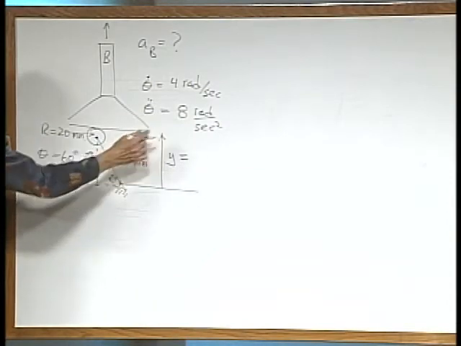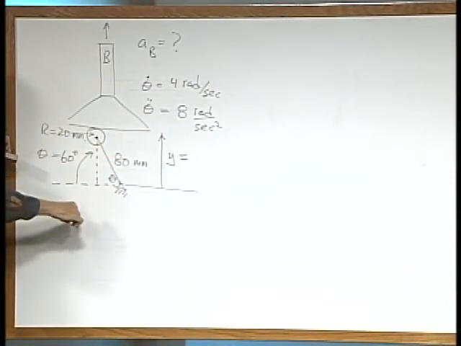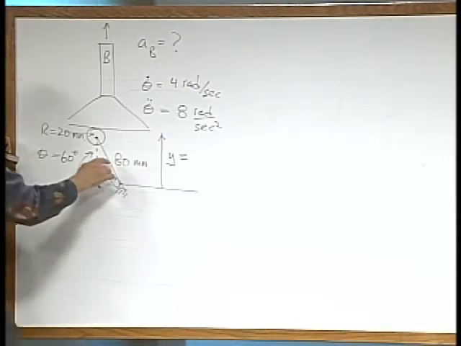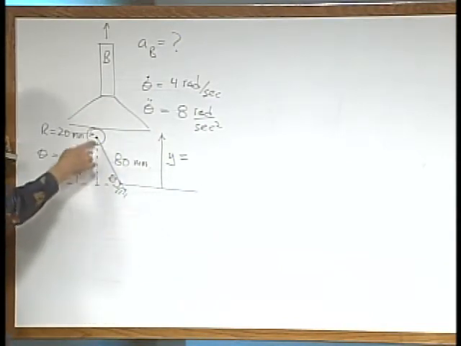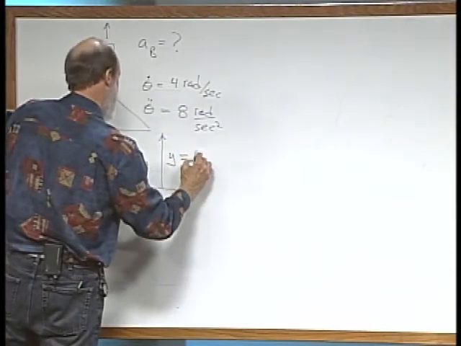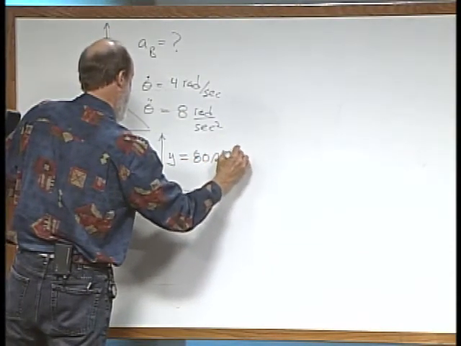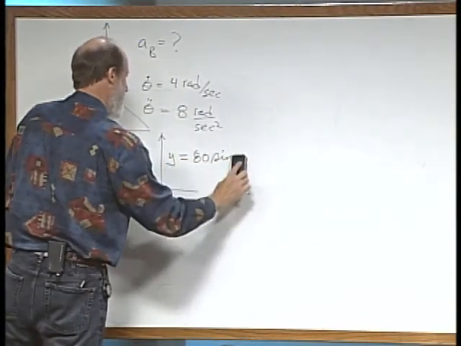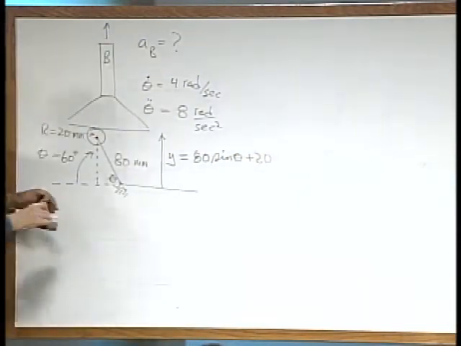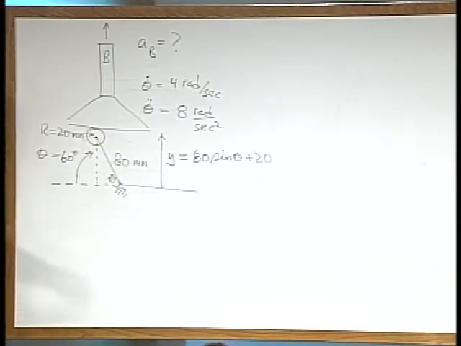At distance y, okay, you should have it. 80 sine theta gets us to the center of the rotating disk, and then add 20 to that. 80 sine theta plus 20. Pretty straightforward.